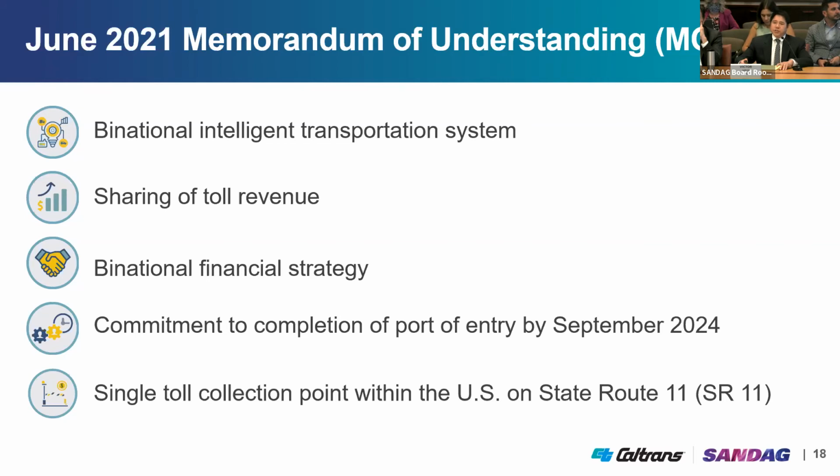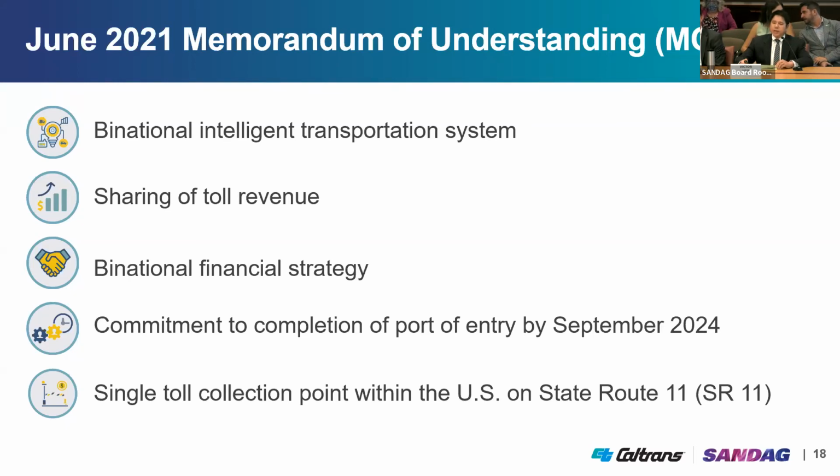There's the Binational Intelligent Transportation System Agreement, ITS, the agreement covering sharing of toll revenue, which is what we're presenting today, a binational financial strategy agreement, and other agreements that are contemplated in order for us to construct, operate, maintain the project, and also cover toll governance, toll policy, and toll setting.